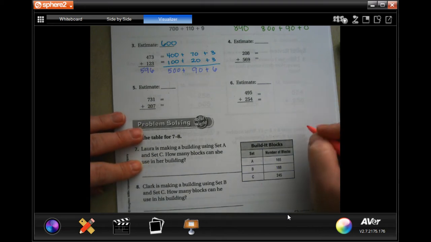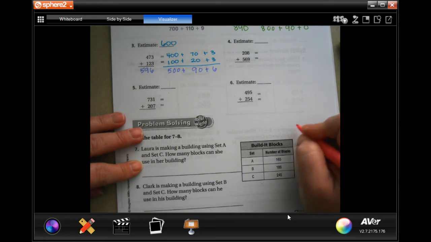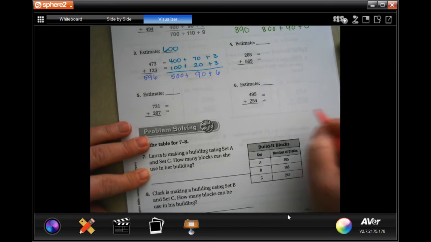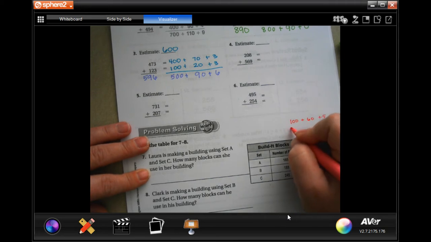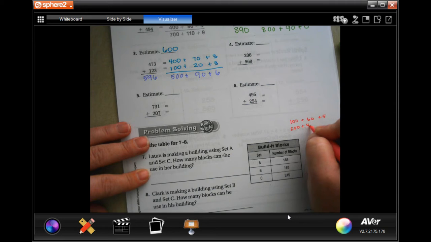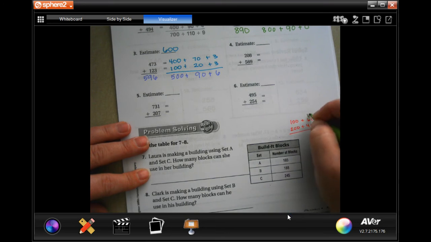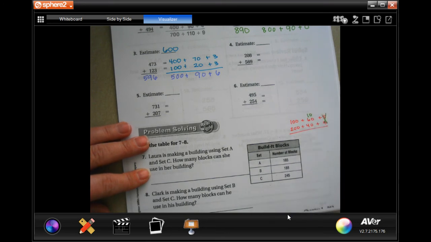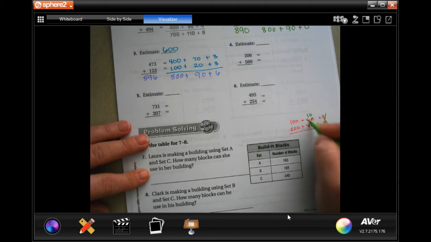Okay, so A is 165, so I'm going to do 100 plus 60 plus 5, and C is 245. Okay, so now I've got something that can give me another 10, but 60 and 40 give me another 100.